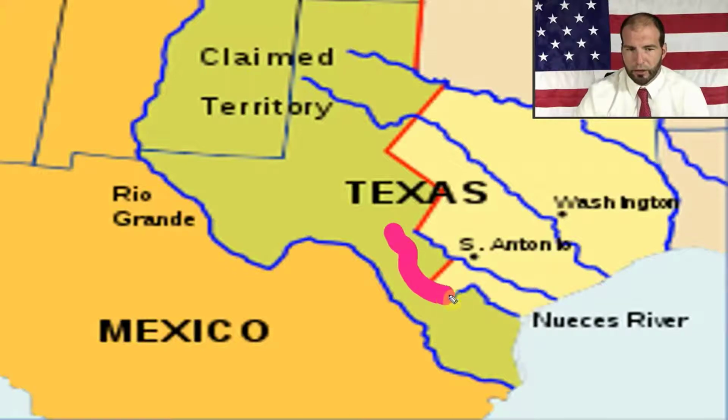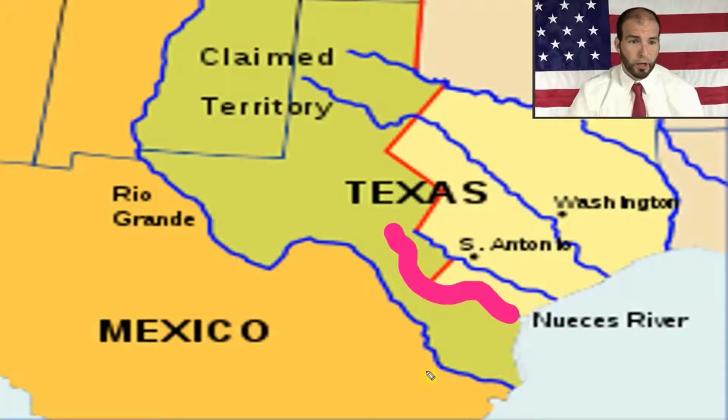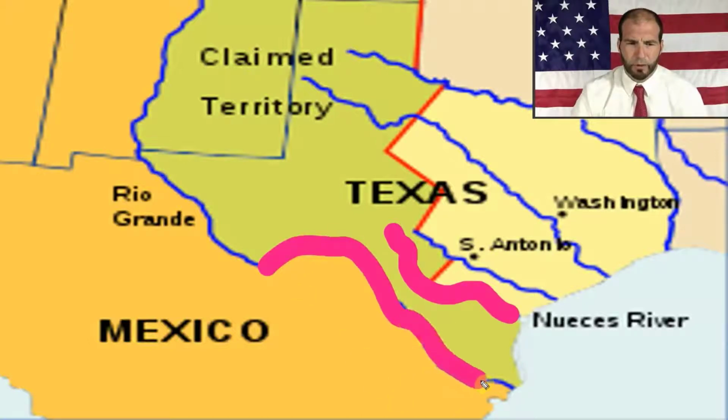So this right here, that river is called the Nueces River. That is what Mexico claims is the bottom of Texas. That's important. The Texans here say, nah, the bottom of Texas is this river, which is the Rio Grande.